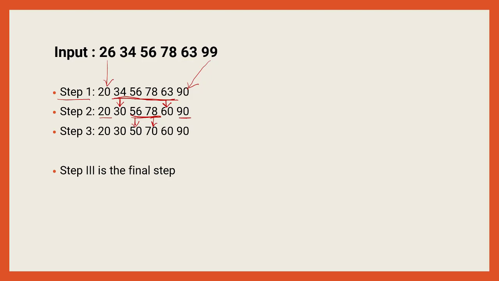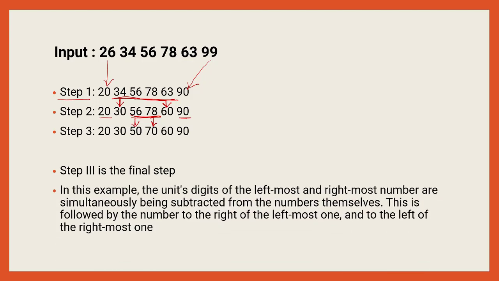So what has happened here? In this example, the unit digit of the leftmost and the rightmost numbers are simultaneously being subtracted from the numbers themselves. So 26 minus 6 has given us 20 in the first step, and 99 minus 9 has got us 90 in the first step.